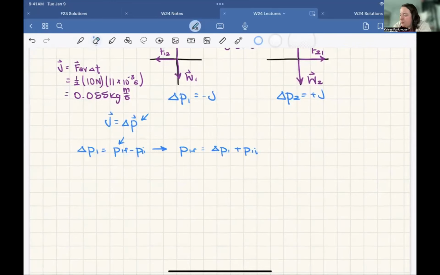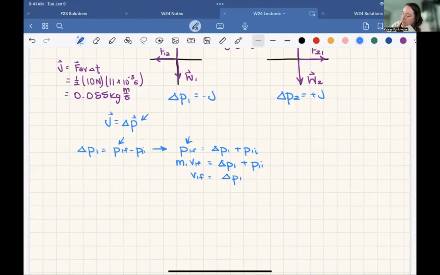And then for this, we'll plug in the equation for momentum, because we're solving for the velocity, not the momentum itself. I like to do it all at once. So mass 1 times final velocity equals change in momentum plus initial momentum. Then we just divide by mass 1 on both sides.